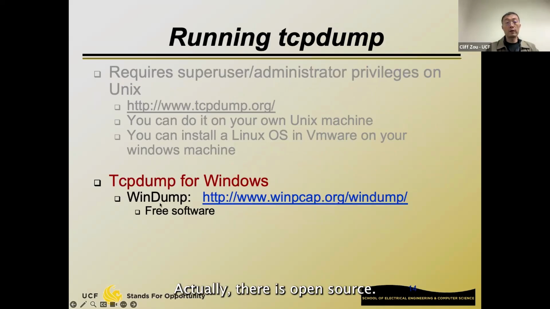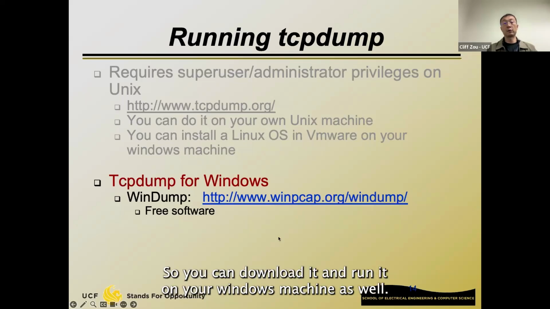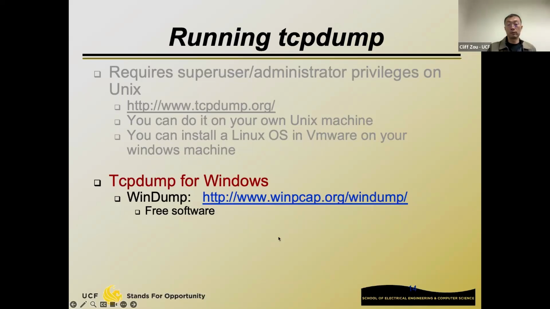Actually, there is an open source tcpdump for Windows machines called WinDump. You can download it and run it on your Windows machine as well. It has similar syntax to tcpdump.